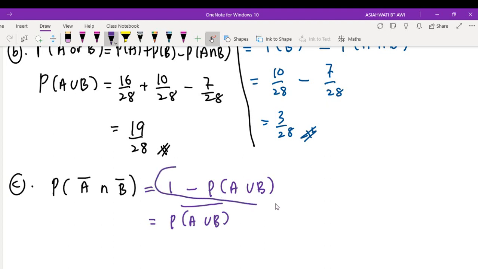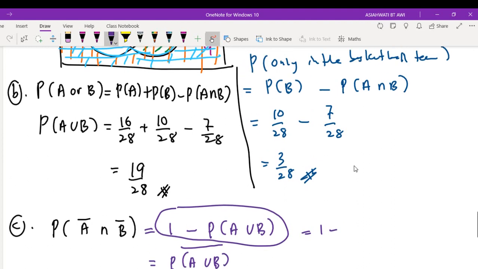We use this one: 1 minus the probability of A union B is equal to 9 over 28. So the answer is 9 over 28. From the two examples, we hope that you can understand what the probability of two events, or the probability of the union of events, is.